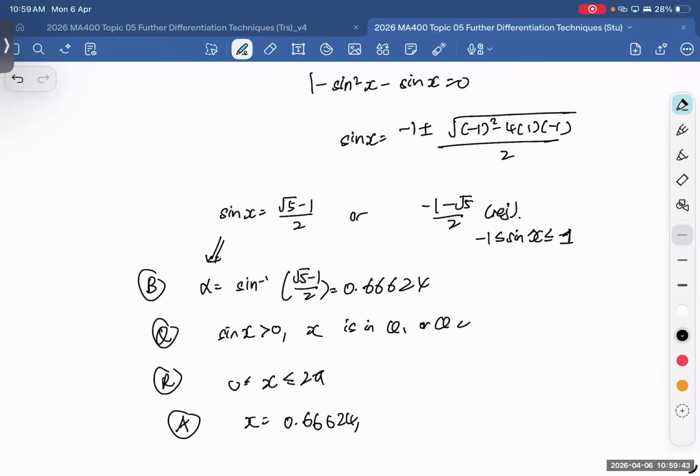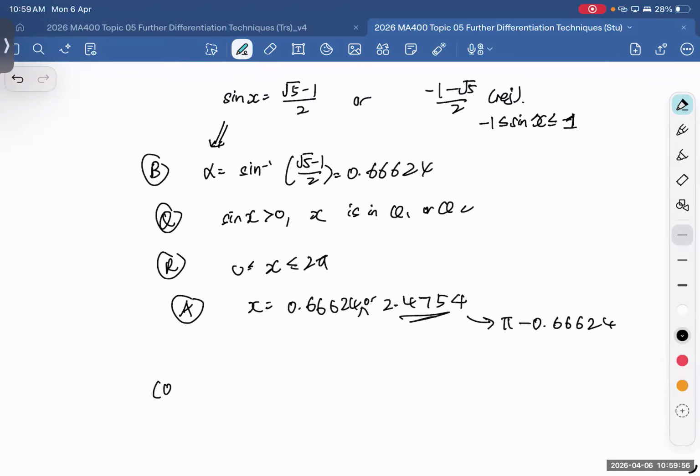Second quadrant, x should be 2.4754, I believe. This is, I think, pi minus 0.66624. So you should have 0.66624. The y coordinate should be 1.46. If your x coordinate is 2.4754, y coordinate should be -4.46.